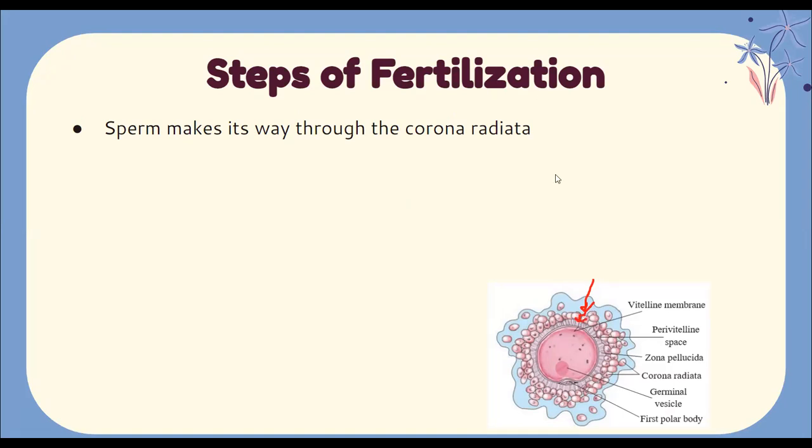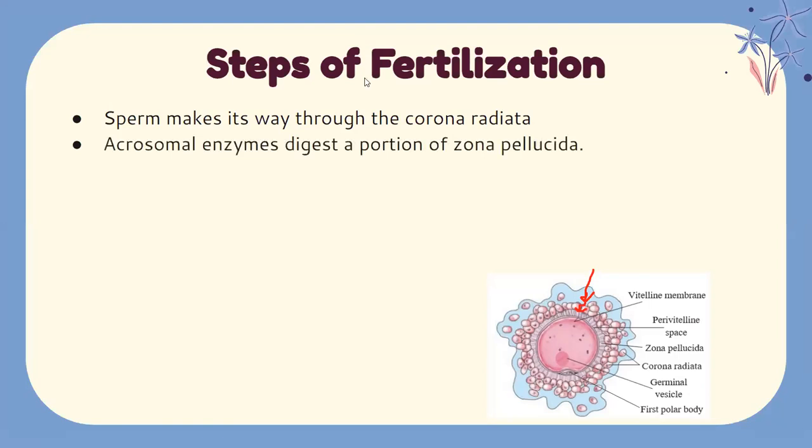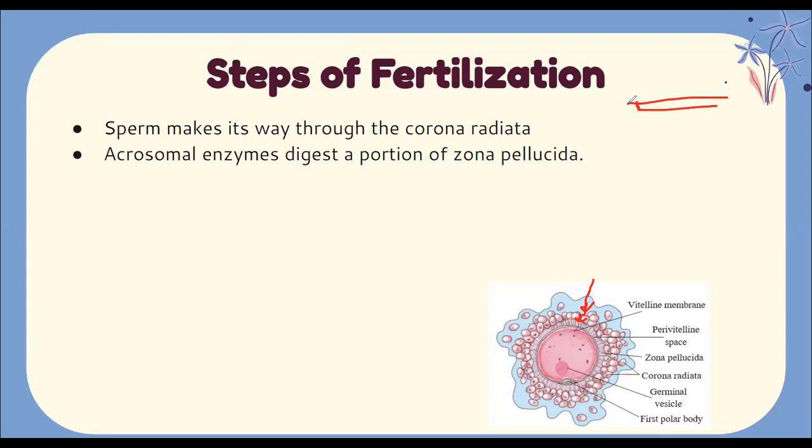Okay. Second step. Remember when we discussed the structure of the sperm. The head of the sperm, inside which there is the nucleus, has an acrosomal cap, or acrosomal tip, which has a lot of hydrolytic enzymes. So these acrosomal enzymes will be released to do what?